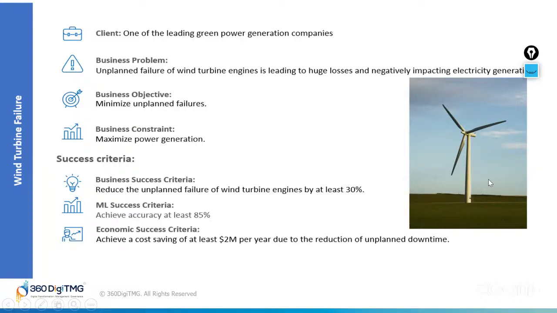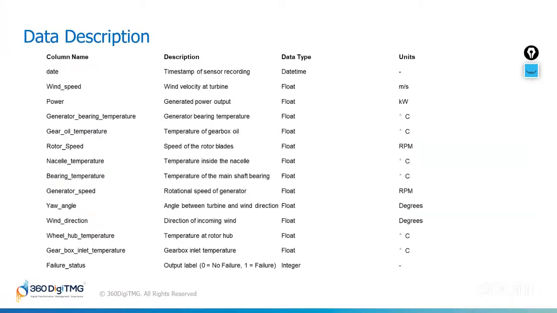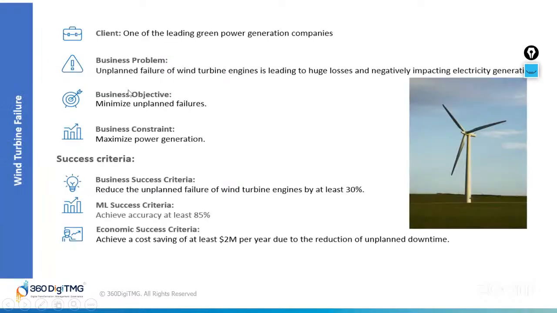It can happen due to generator overheating. It can happen due to electrical imbalance. Likewise, there are multiple ways of failure, or even more. So our agenda here is to minimize this unplanned failure.